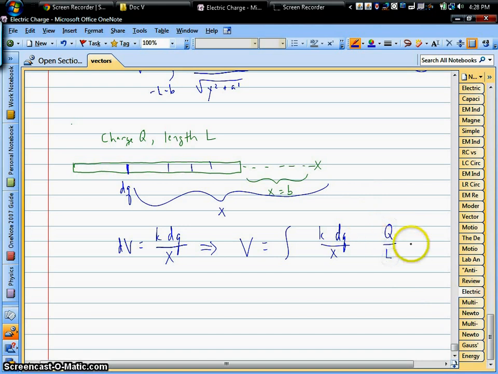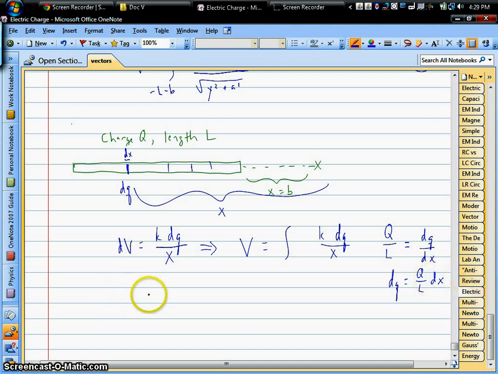Total charge over total length is equal to a little chunk of charge over its little length that we can call dx this time. And as long as everything's uniform, we can do this because its ratio will be some constant. It's like a density. So that'll give us charge in terms of the little length of our little slice of the stick.